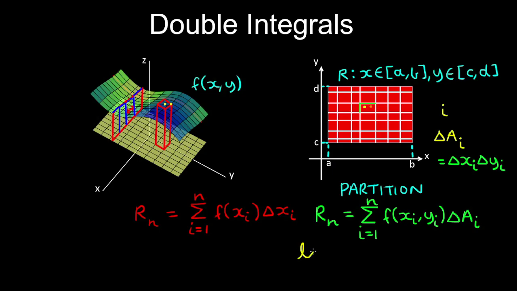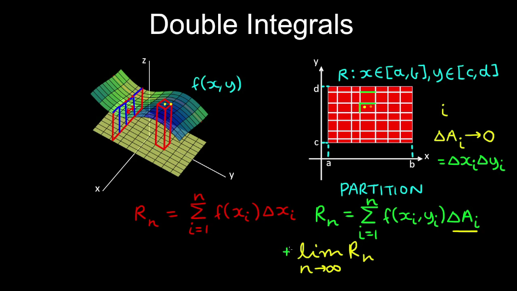And now if we take the limit of the Riemann sum as the number of rectangles goes to infinity, so as n goes to infinity, the area of the rectangle with the largest dimension goes to 0, and therefore so do the areas of the smaller rectangles.